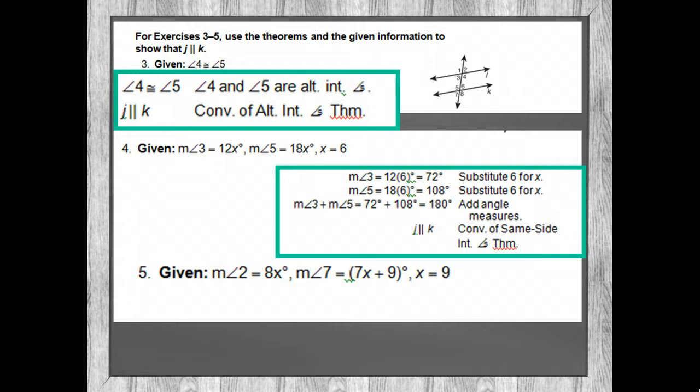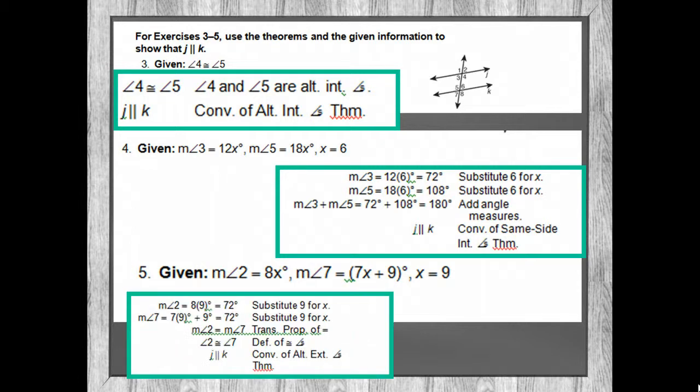And the last on this page, we are given that angle 2 and angle 7 have these measures and x equals 9. We'll again substitute 9 for x, and then we find out that they both are 72 degrees. 2 and 7 are exterior angles.